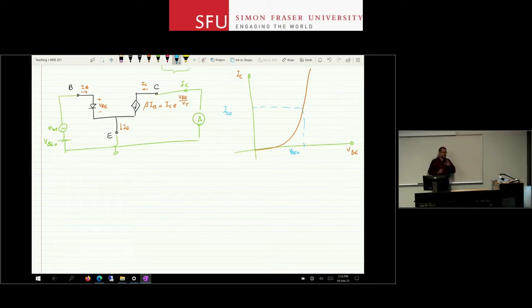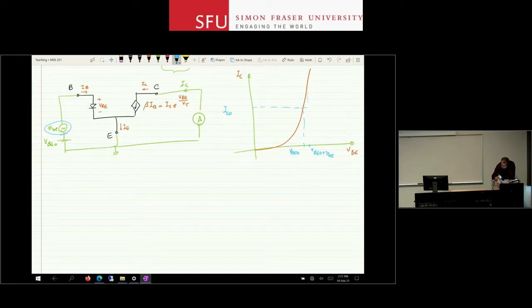And now some small change has happened at the input. So the small vbe has been added to my original signal, right? So I have moved from this initial bias point to some slightly larger voltage. So VBE naught plus delta VBE, which is some small change in the voltage. So I go from here to here.